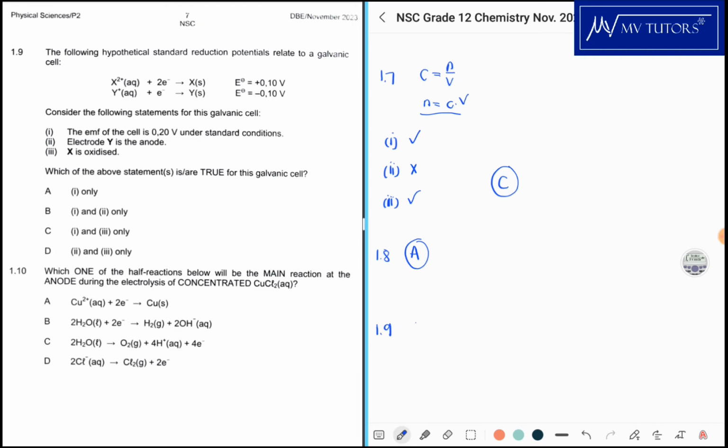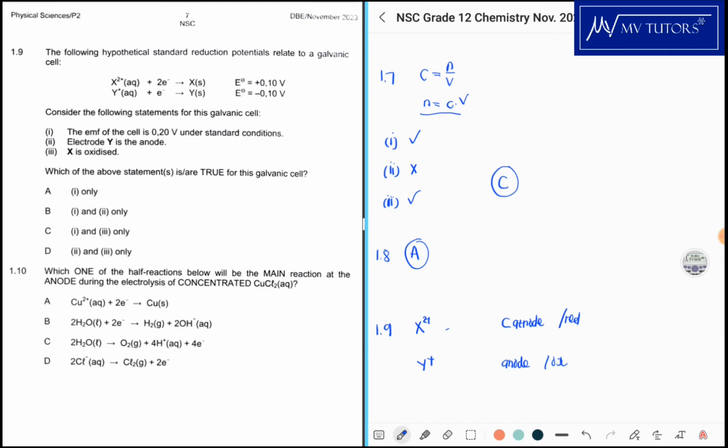So the X2 plus is part of the cathode, where reduction occurs, red cat. And then the Y plus, if you have a negative there, I would say that's the anode, where oxidation occurs, an ox.